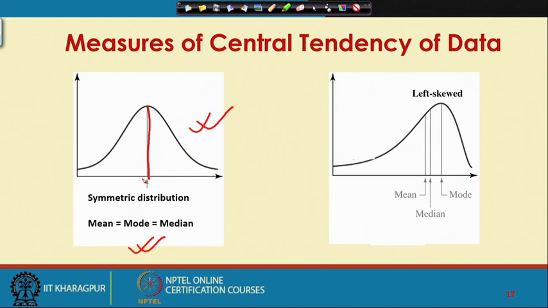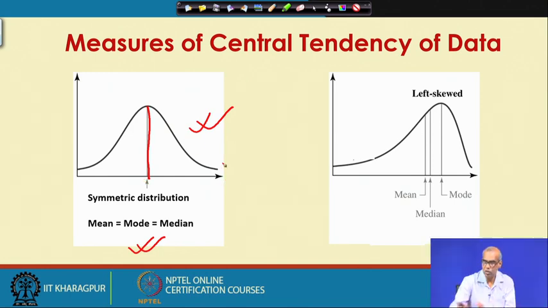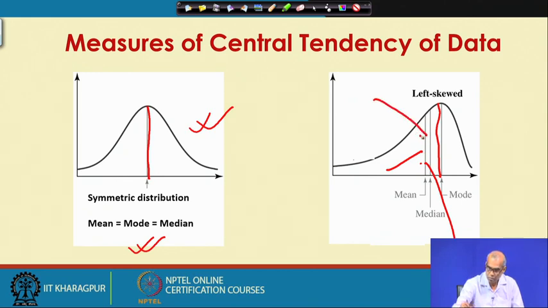But if you have instead a skewed distribution, that means the distribution is not symmetric, it is skewed, it is called left skewed here, you can also have right skewed, then this is mode, because this is the value that you encounter most frequently, but mean may be this, and the median may be this.